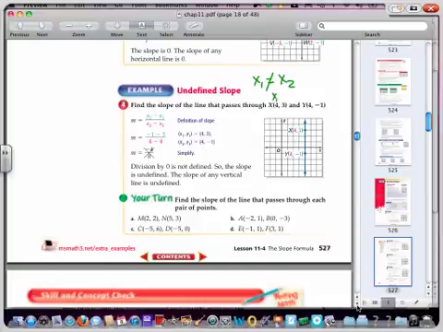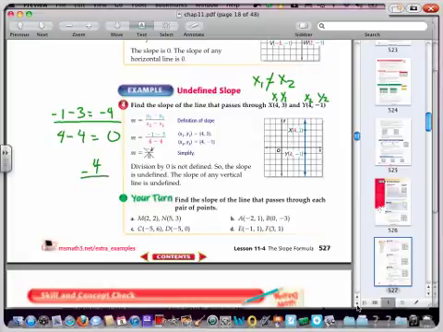So if we call this x1, y1, x2, y2, and if we take y2, -1, minus y1, 3, we get -4. If we take x2, 4, minus x1, 4, we get 0. So we get -4 divided by 0. Well, we can't do that.